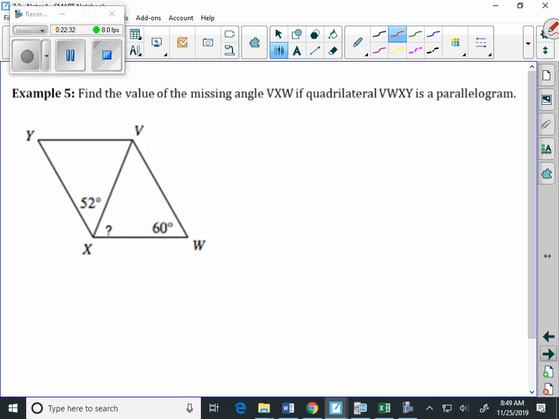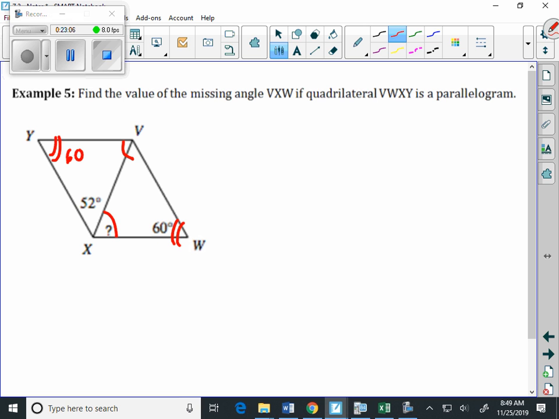Two parallel lines cut by a transversal, alternate interior angles are equal. And we also know that opposite angles in a parallelogram are equal. So if we know 60 here, then this angle over here is also 60. And that's going to allow us to find our third angle.